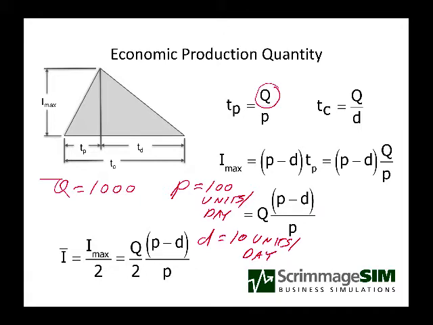This is important, that our production rate is larger than our demand rate, otherwise we would not be able to build up inventory. Given these parameters, if we're producing 1,000 units, and we can produce it at 100 units per day, then our production period length is going to be 10 days.